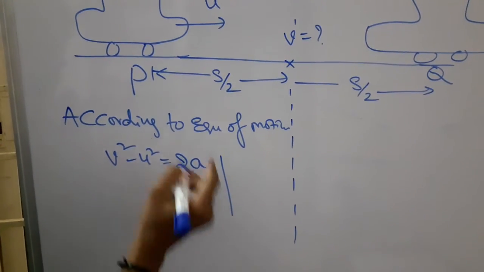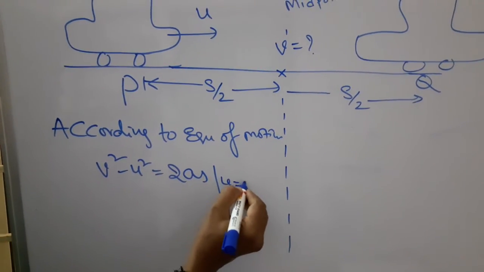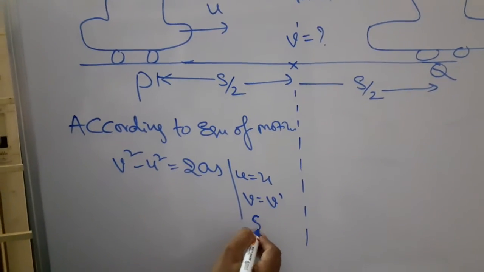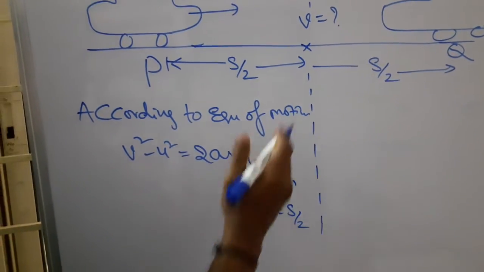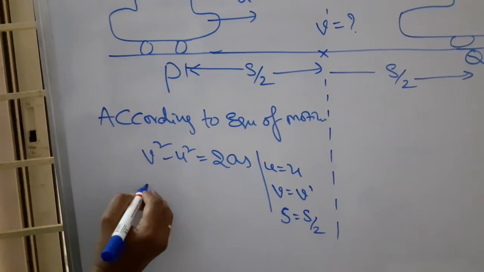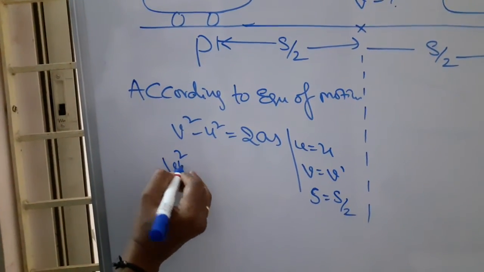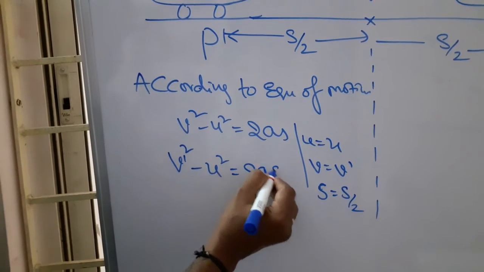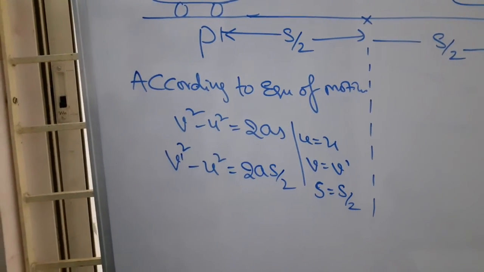Here the conditions: initial speed is u, final speed is v dash, s is equal to s by 2. Substituting these conditions: v dash square minus u square is equal to a into s by 2.